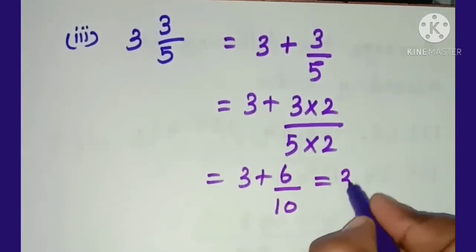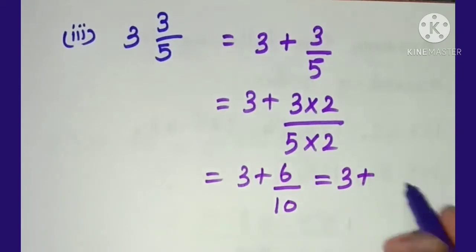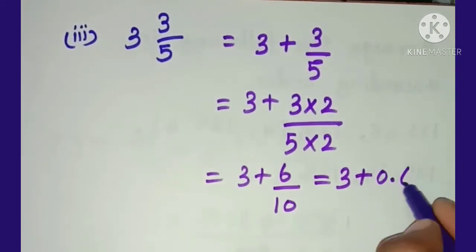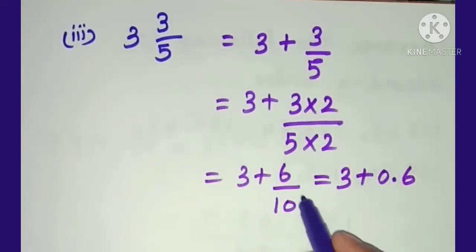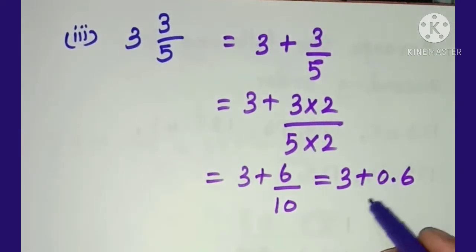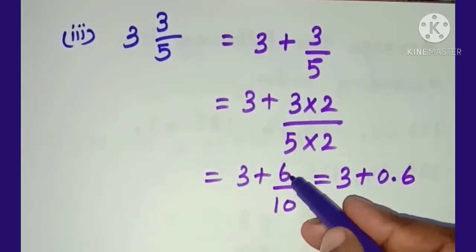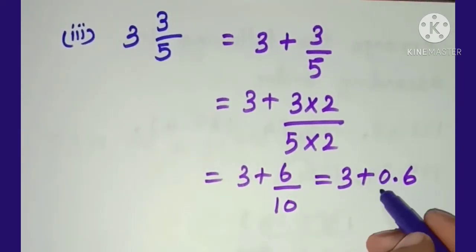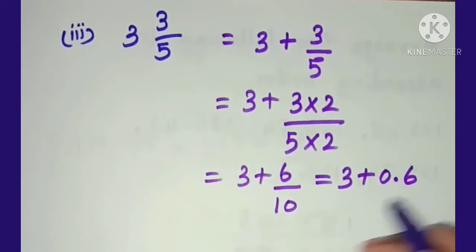Now 6 by 10 is 0.6, that is 6 tenths, which means the first digit of the decimal part. So we can write it as 0.6.